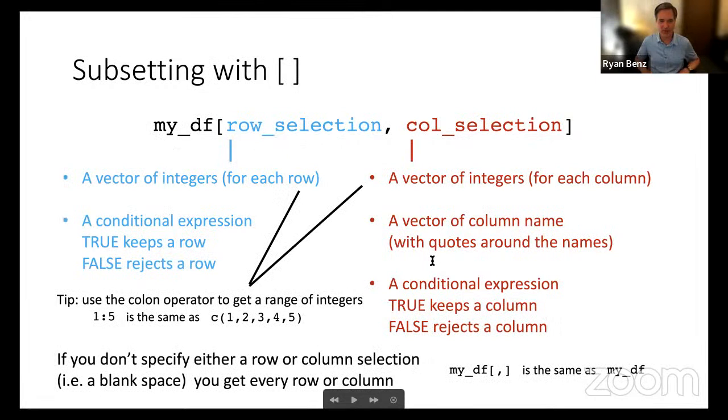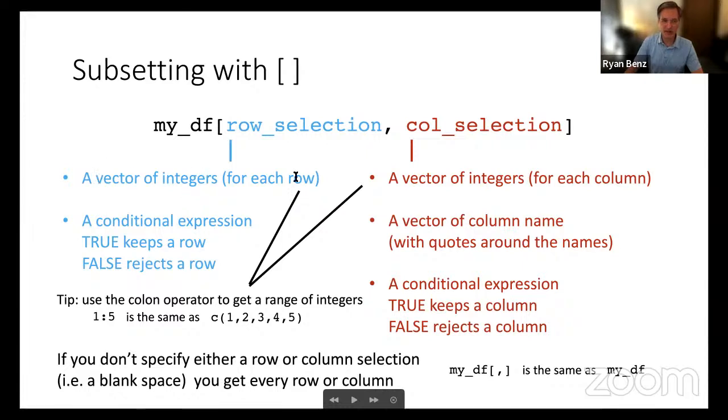This is probably one of the most complex slides we have here in the first section. There's a lot of information here and you can go through it in detail, but I talk about how you can give these row selections or these column selections here. So these row selections can be a vector of integer numbers like 1, 2, 3, 4, 5, and that will give you that particular row number in the data table.